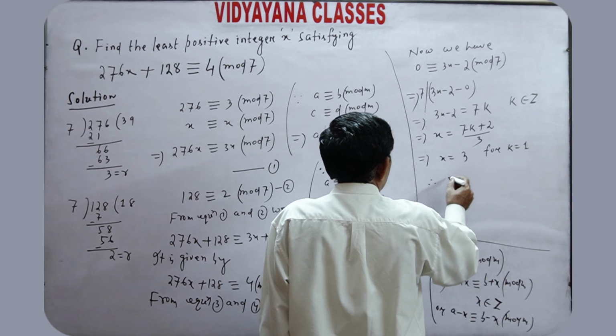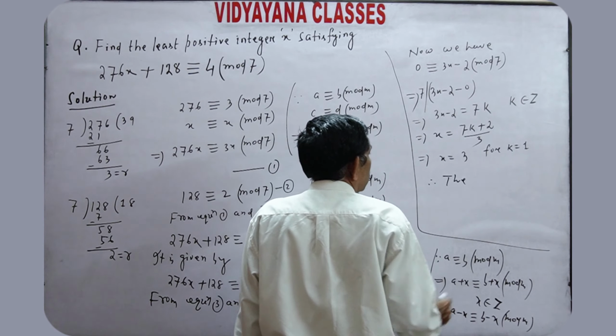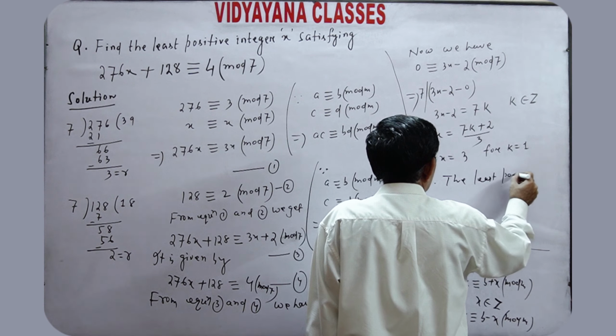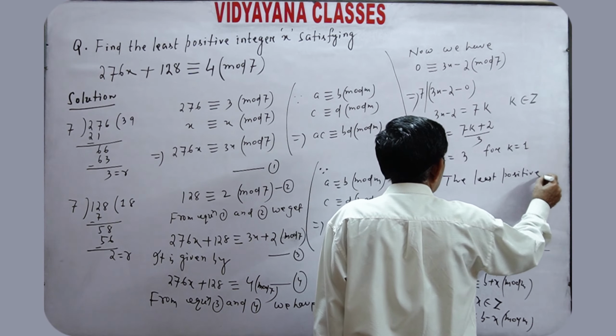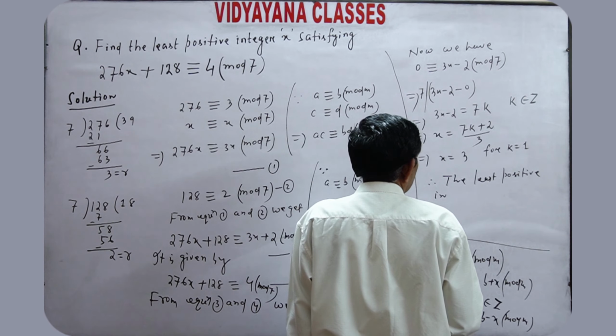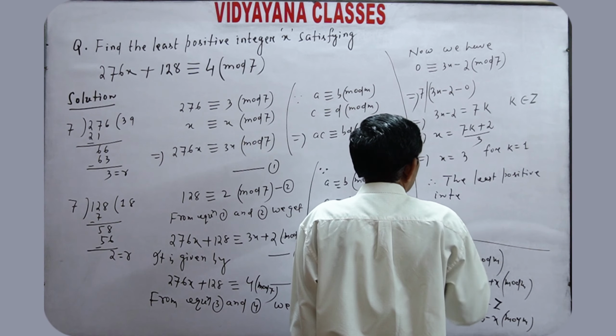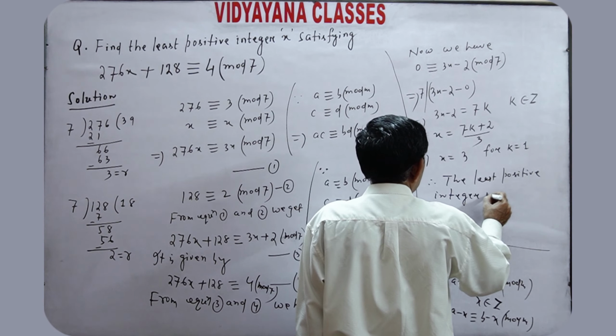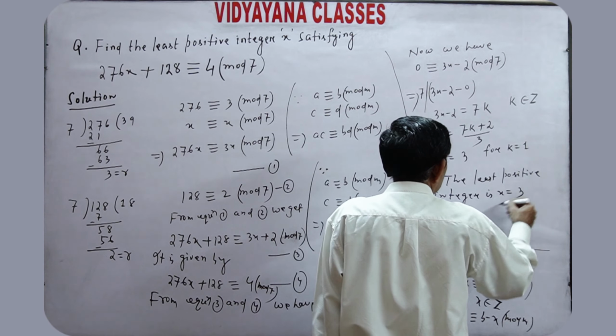Therefore, the least positive integer is x equal to 3.